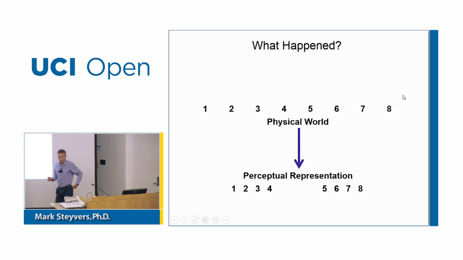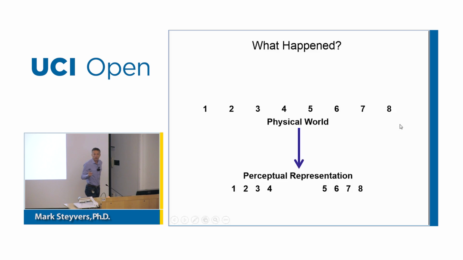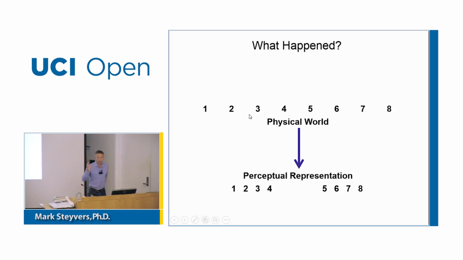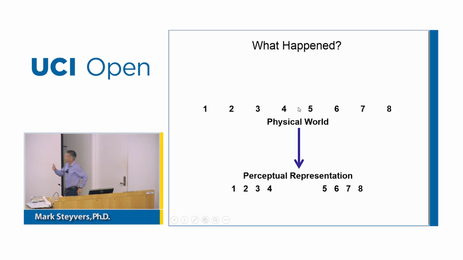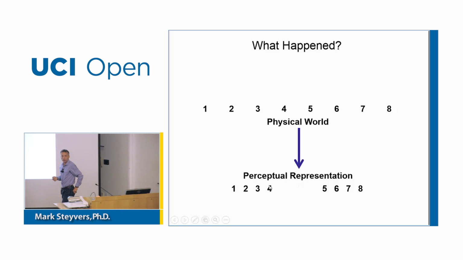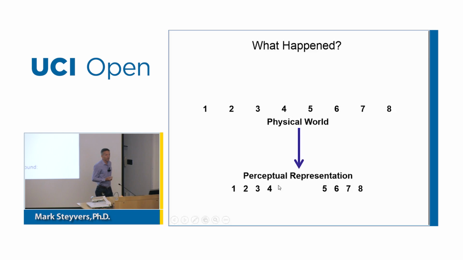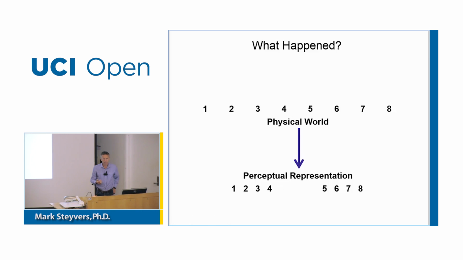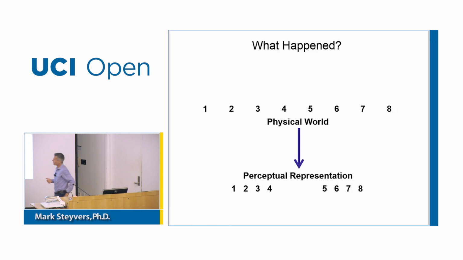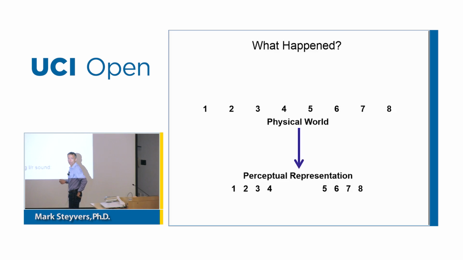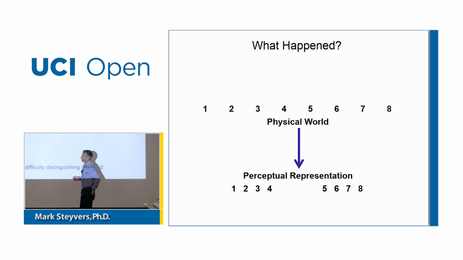Now, this has consequences for how we perceive sounds in different languages. So you probably all know that in several Asian languages, or Asian speakers have trouble distinguishing between the L and the R sounds. Why is that?